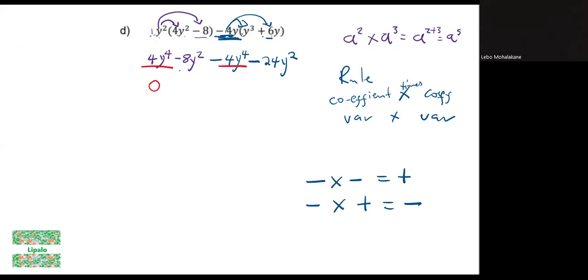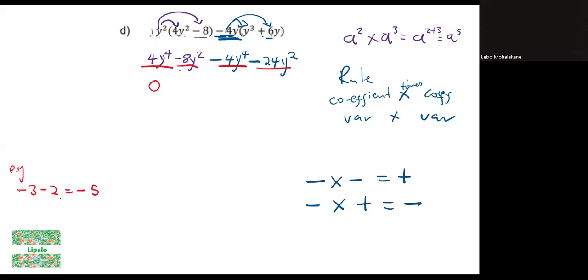Okay, good. Now let's continue. Negative 8y squared minus 24y squared. Good. Rule for adding. If I'm adding, let's say I have, for example, negative 3 minus 2. I keep the sign. Then I add the numbers.